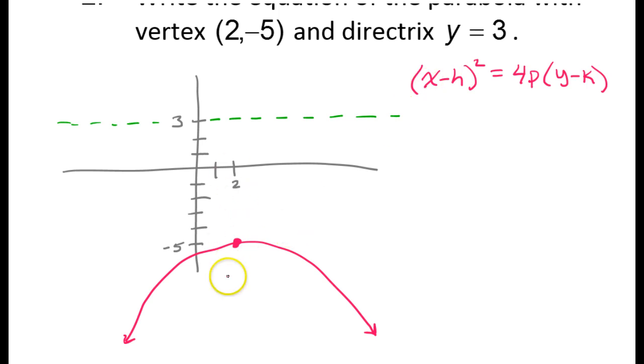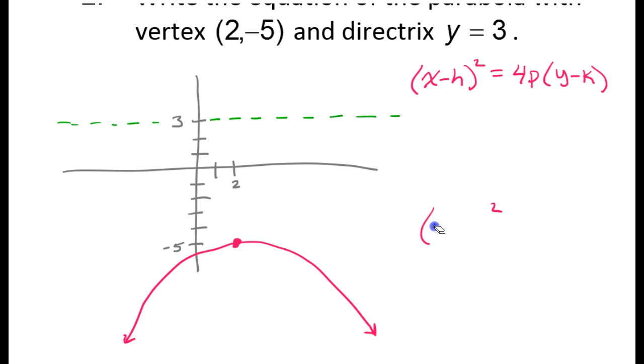If it was a horizontal parabola, my x's and y's would be reversed. So I'd have y minus k squared is equal to 4p times x minus h, not squared. This is for horizontal parabolas.